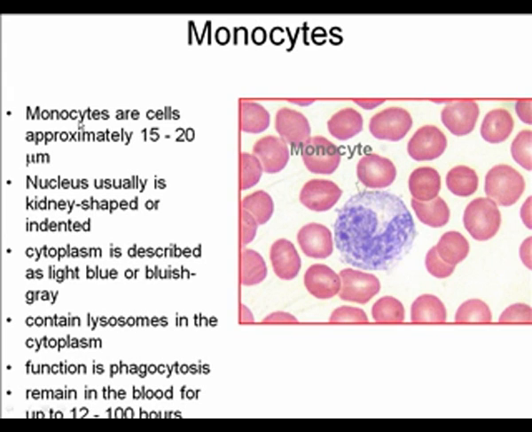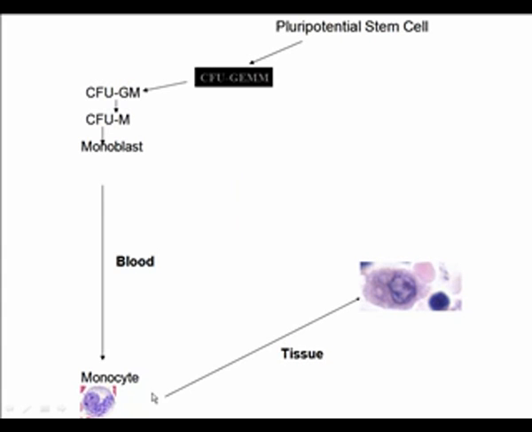So as you learned previously, the monocytes arise from cells in the bone marrow. And these monocytes are going to circulate in the blood for about 12 to 100 hours and then enter into the lung tissue. And once they enter the lung tissue, they will become the dust cells or alveolar macrophages.